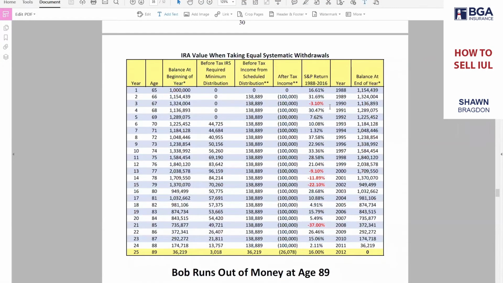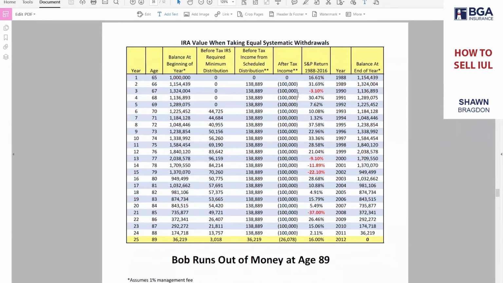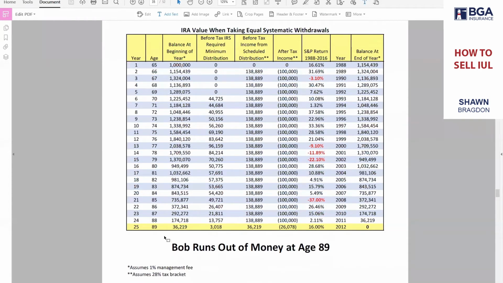He needs $100,000 for his lifestyle. He's in a 28% tax bracket, so he's going to have to pull out $138,000 to net his $100,000 for his lifestyle. If we go back to S&P 500 returns from 1988 through 2016 in this example, and Bob continues to pull money out of his IRA every year, Bob's going to run out of money when he's age 89.